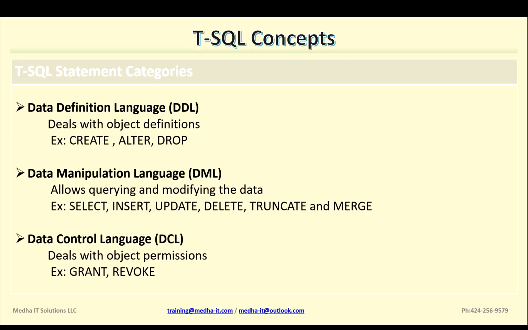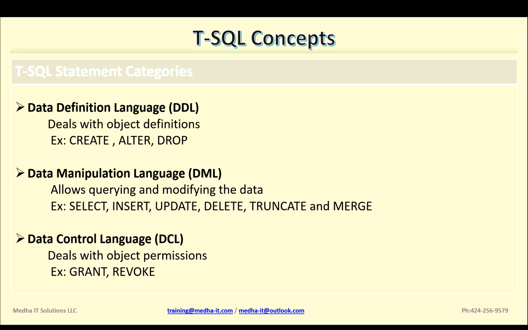Data definition language is also known as DDL, and data manipulation language is also known as DML, so the statements that fall under it are called DML statements. Similarly, data control language statements are called DCL statements. Depending on the functionality of those statements, they are categorized into those three forms.